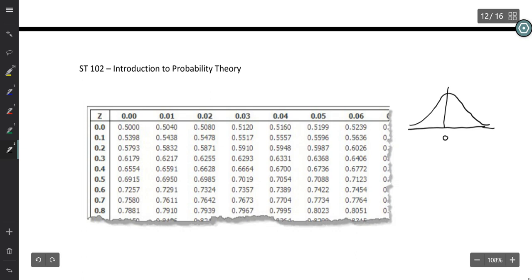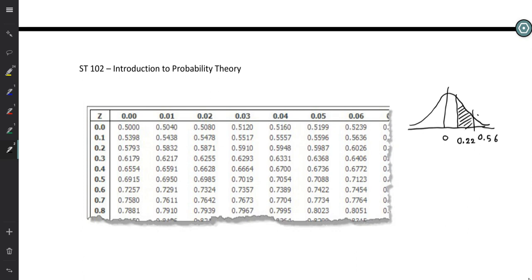Here's the 0. I want probability 0.22 up to say, let's say 0.56. I need this in between area. How do you find this?